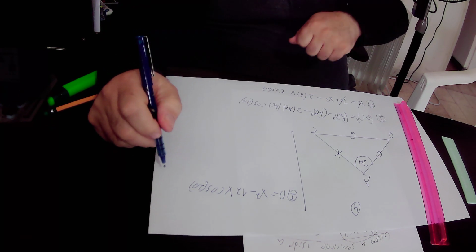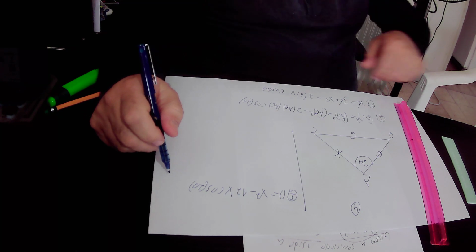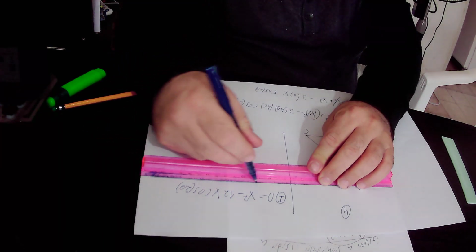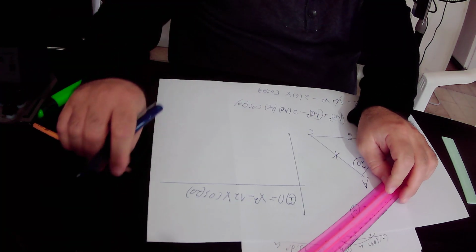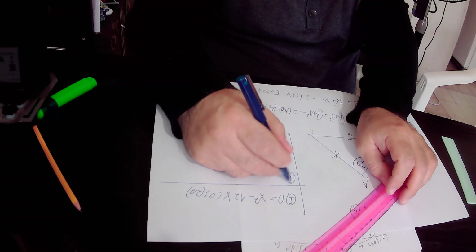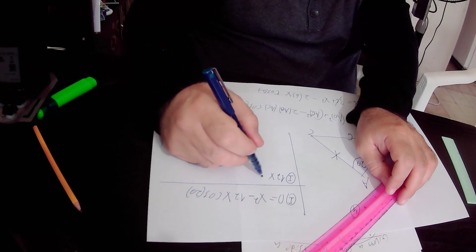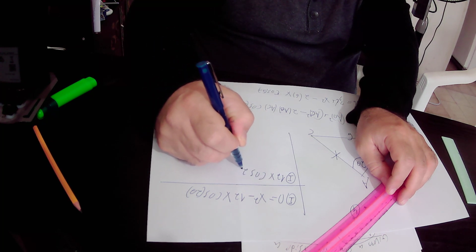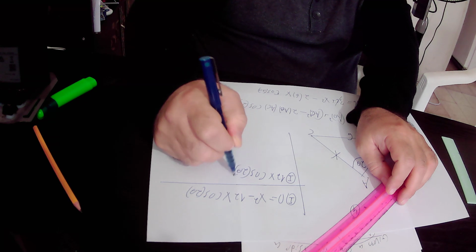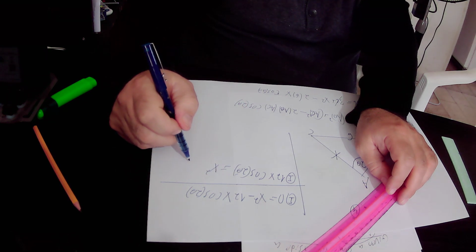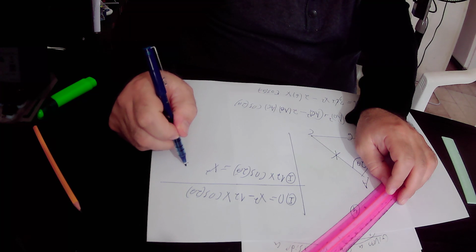We will add 12x cosine 2 theta to this equation, and we will get that according to equation number 1, 12x times cosine 2 theta equals x squared.